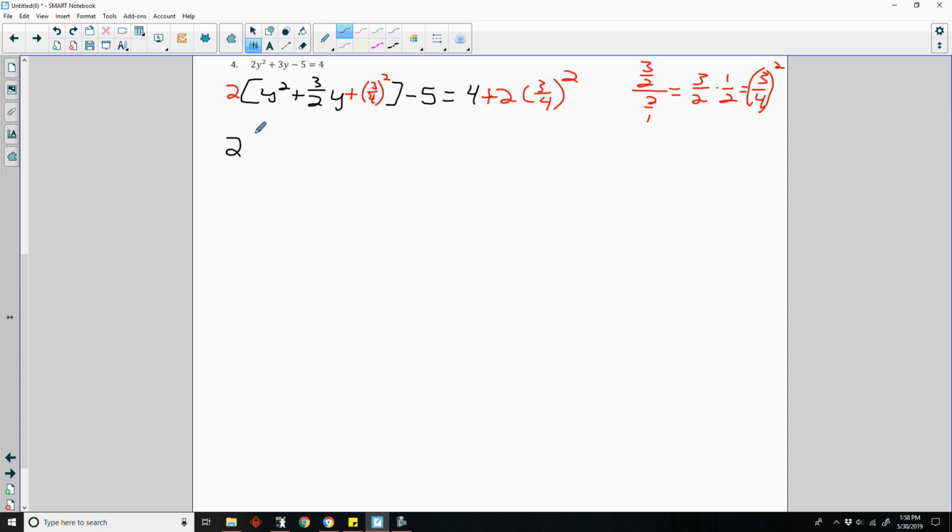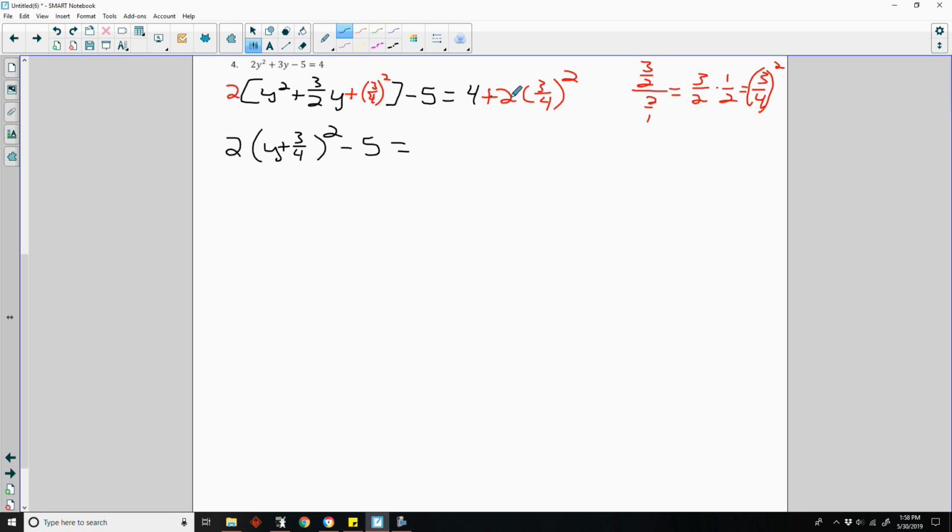So now we have 2 parentheses y, and remember our middle term is our b is 3/4, so it's this sign right here plus b divided by 2 quantity squared. All right, so that's this. We have a minus 5 equals, well, 3/4 squared is 9/16.